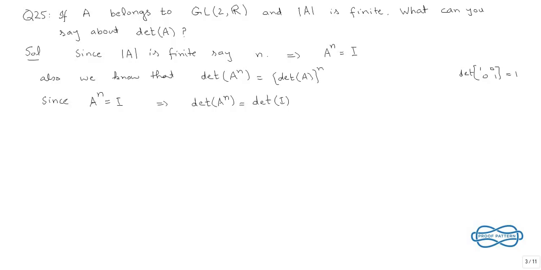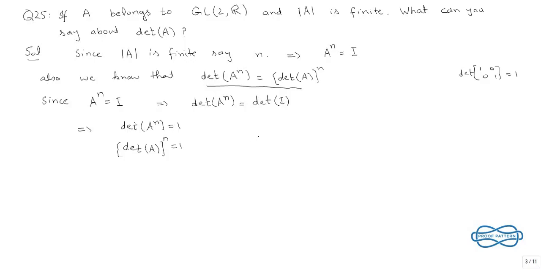This means the determinant of A to the power n is equal to 1, and using this rule, the determinant of A whole to the power n is 1.